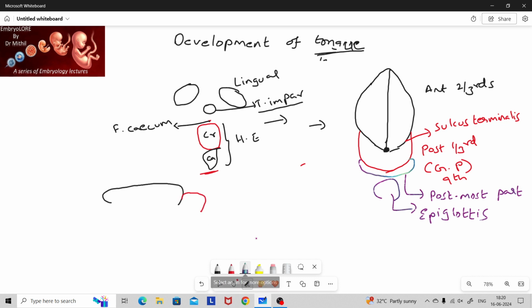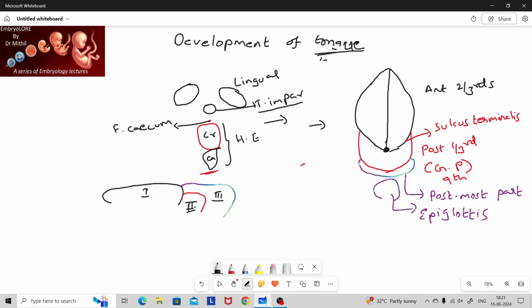The most important concept here is the third arch burying the second arch. So here we will write the contribution: first arch, second arch, and here the third arch. The color difference explains the difference in the development of the tongue. The anterior two thirds is from the first arch, the second arch is buried, and the third arch is overgrowing it.